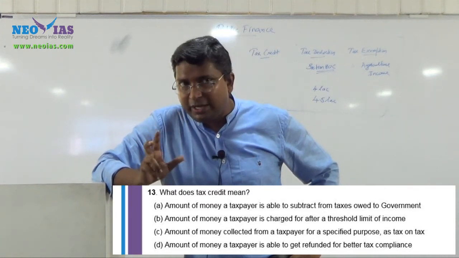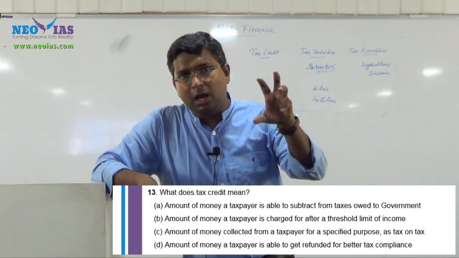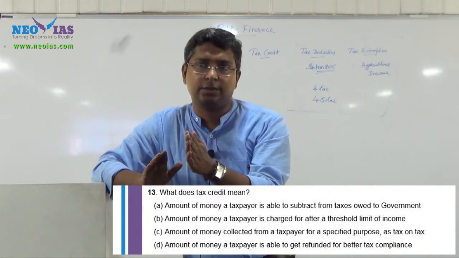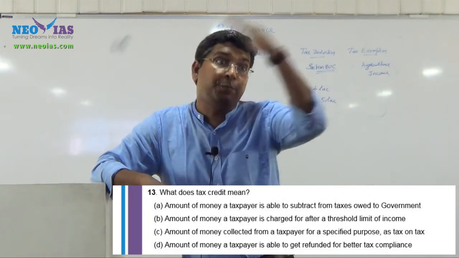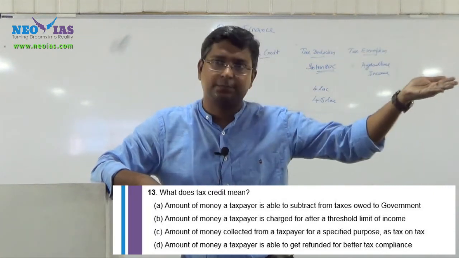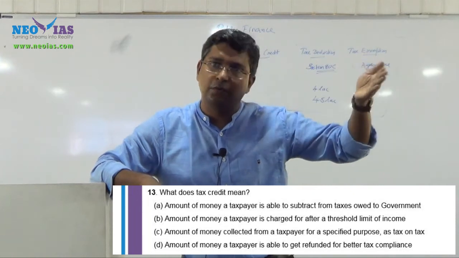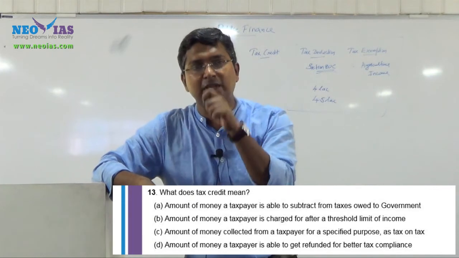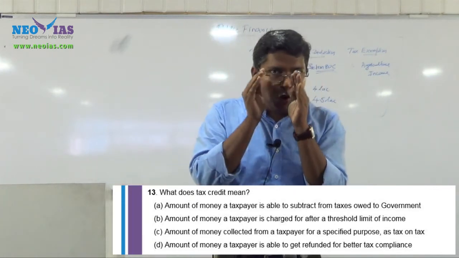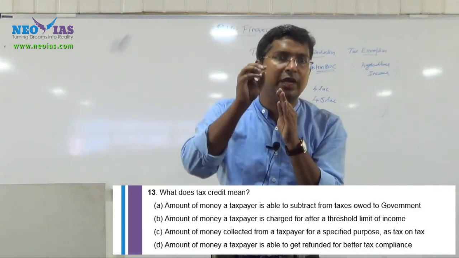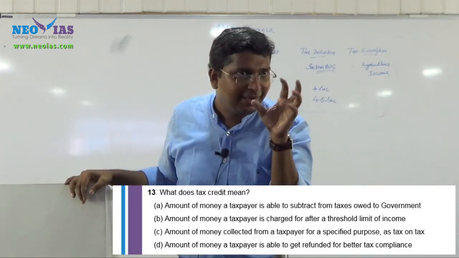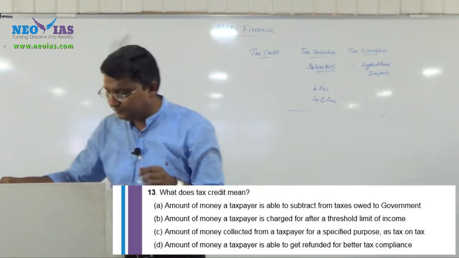In tax credit, you pay tax at the final stage, but the input tax which you paid earlier will be credited. So how much you owe, you can deduct or subtract the tax.